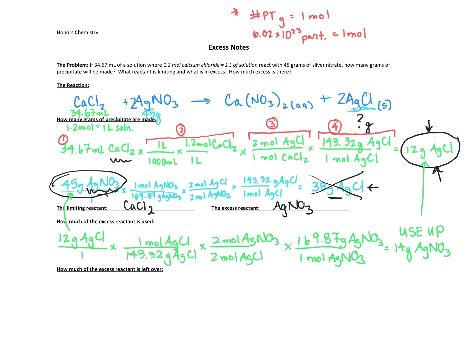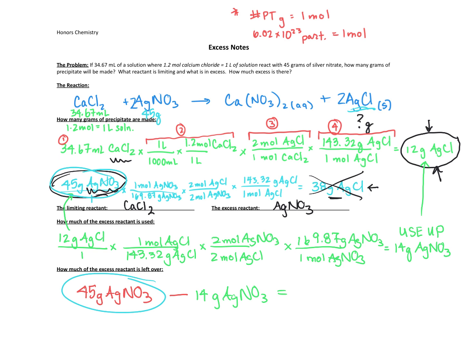So then when we're trying to figure out how much excess there is, we can say, okay, we started with 45 grams of silver nitrate, right? That was this amount up here. And then we're going to subtract the 14 grams of silver nitrate we used up, and we'll get how much we have left over.